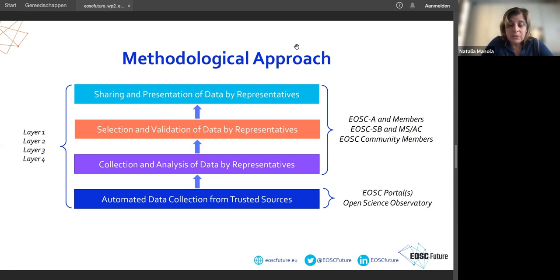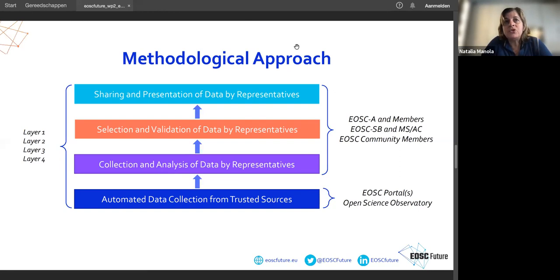Then this layer at the bottom is the automated data collection. Then we are discussing the collection and analysis of data by representatives, because there are many questions based on policy, infrastructure, and EOSC touches upon many layers.